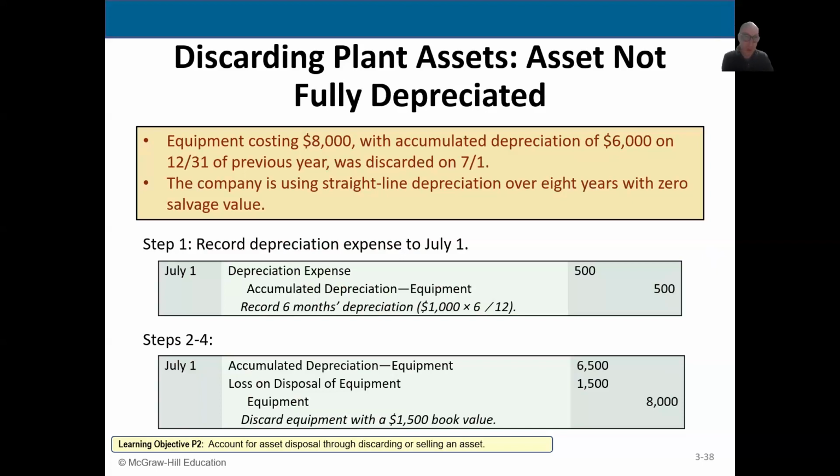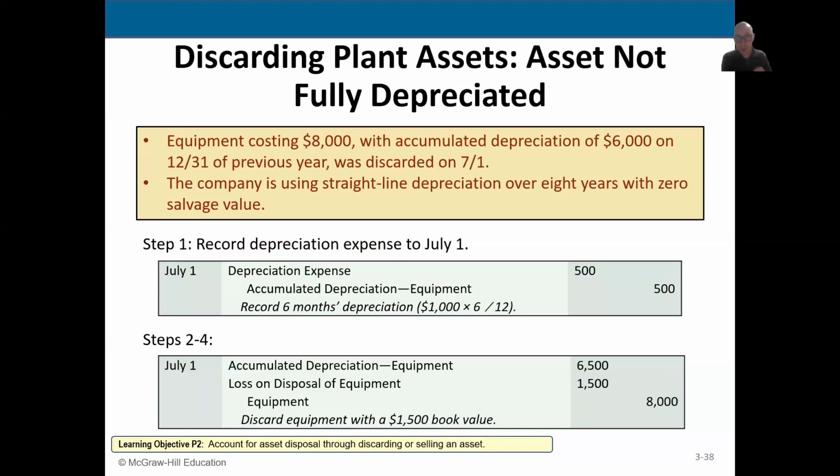Okay. First step, we record the depreciation up until the point where we decide to sell it. So debit depreciation expense 500, credit accumulated depreciation 500. This helps to get it to its current depreciation amount. Then we record the sale or the loss.